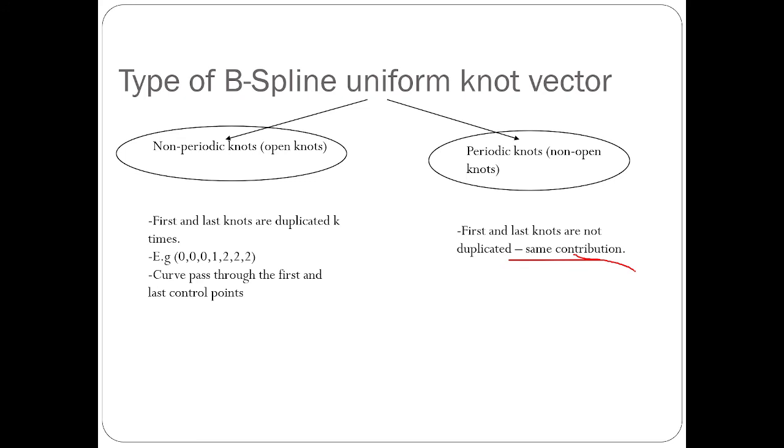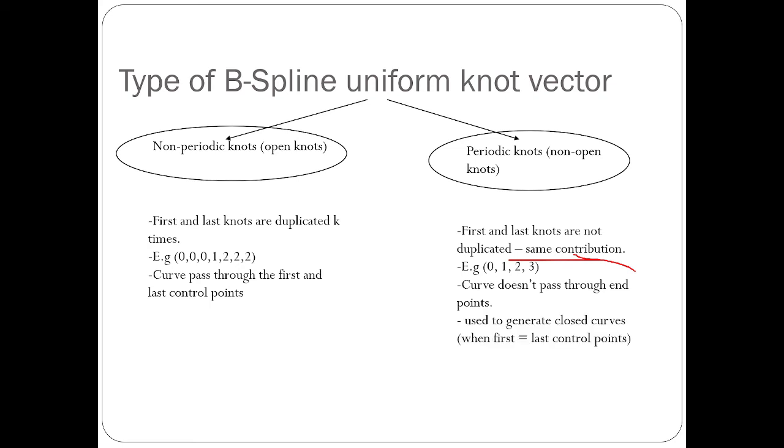In periodic knots, the knots are evenly spaced, like 0, 1, 2, 3, with the same contribution. The curve does not pass through the endpoints, whereas with non-periodic knots it passes through the first and last endpoints. Periodic knots are used to generate closed curves when the first control point equals the last control point.